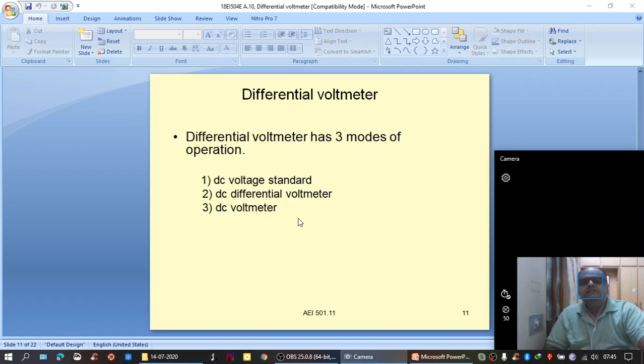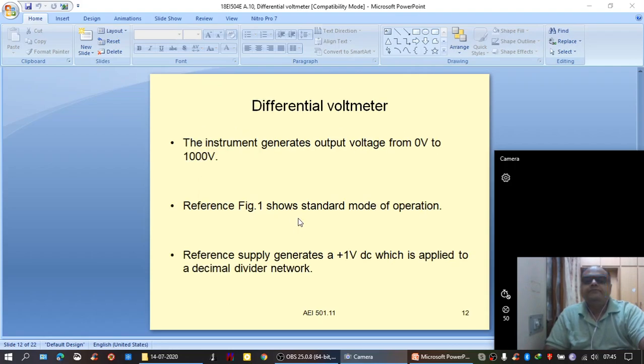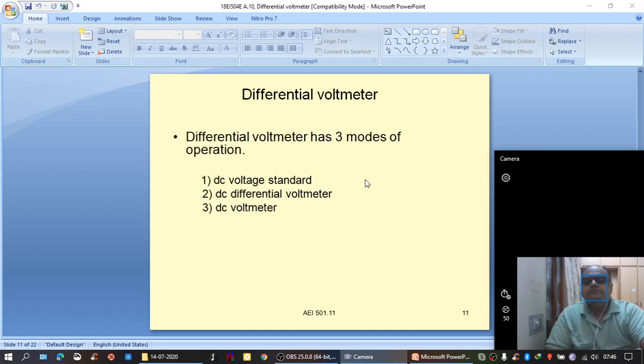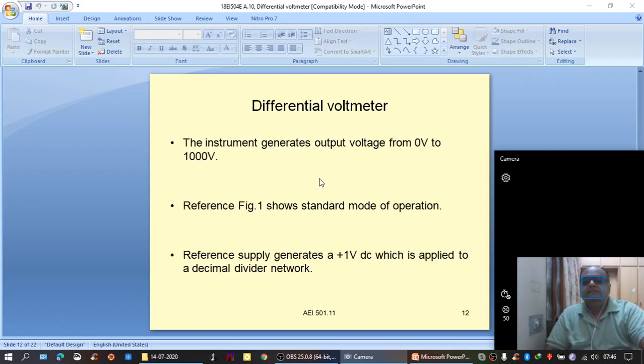Let us see how a single circuit can be used in three different modes. The instrument generates output voltage from 0 volts to 1000 volts. That is the first mode, DC voltage standard. The reference figure shows the standard mode of operation.